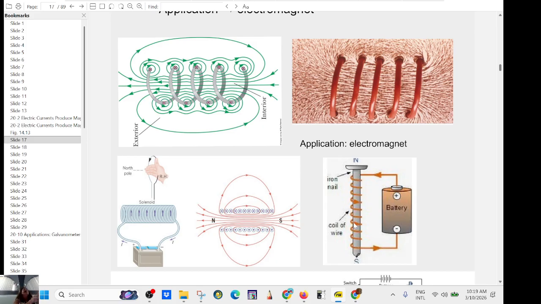The wire should be insulated so it doesn't touch itself. Don't leave it connected too long because you have a short, so it's going to get very hot and the battery is going to lose everything. Best is to use a 6-volt battery because you have a lot of current, and then you can pick up paper clips. That's how an electromagnet works.